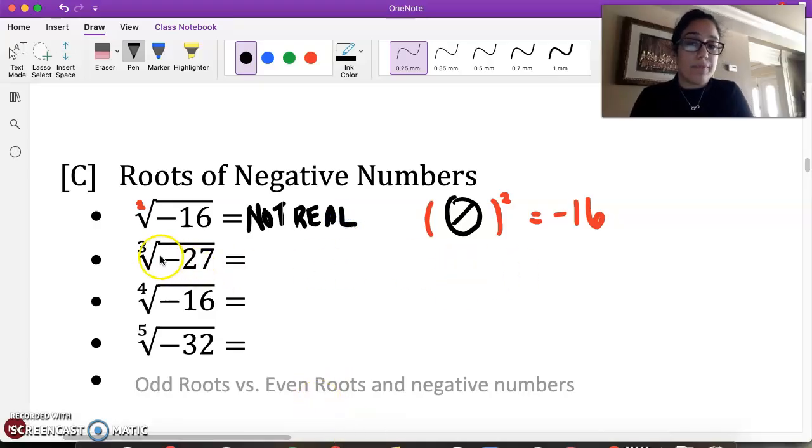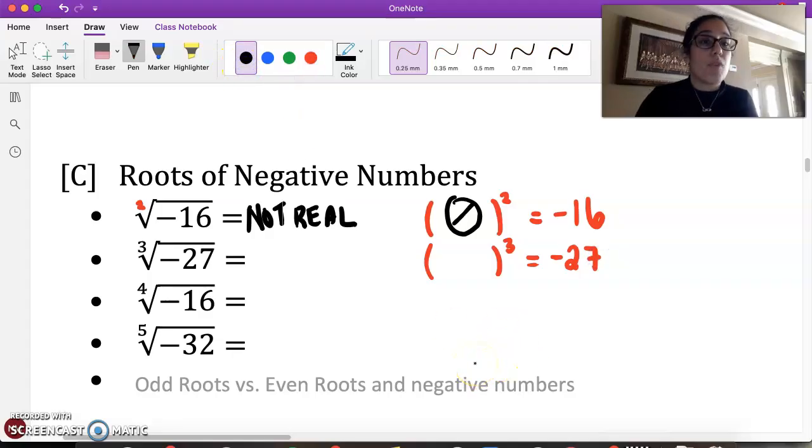What about the next one? The cube root of -27. Something cubed equals -27. Does this exist? Well, cubes hold their sign, right?